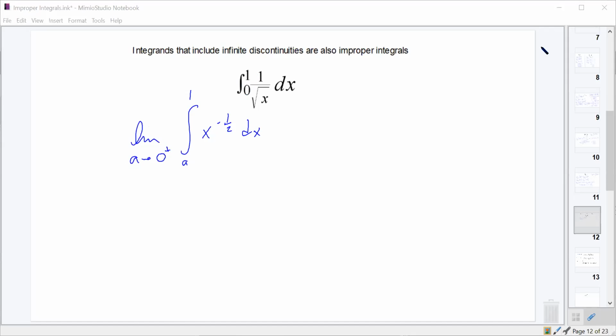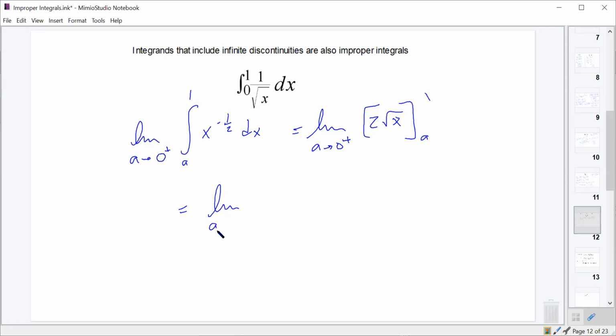Okay. So x to the negative 1/2 should integrate to become what? Should be 2 root x, right? And we'll do that from a to 1, which will give us the limit as a approaches 0 from the right of 2 square roots of 1 minus 2 square roots of a, which is just what?